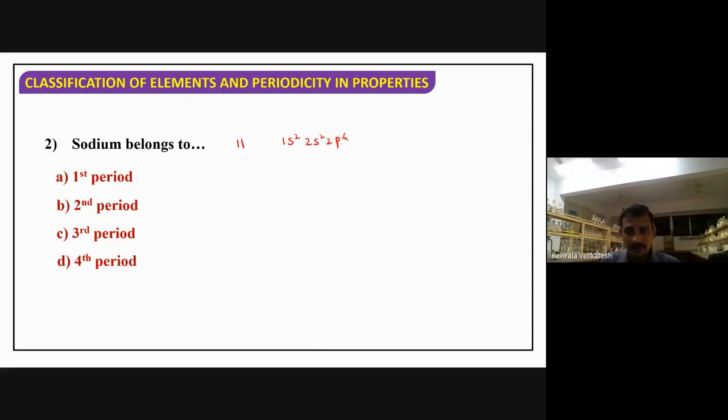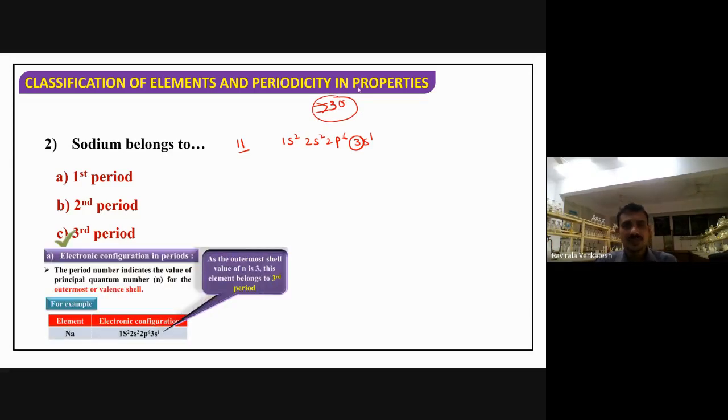Now I have filled 10 only, but it is 11 actually. 2 plus 2 plus 6 is 10. The remaining one we can fill in 3s1. Now 3 here is the period number. So the answer will definitely be third. Not only sodium: if you know up to atomic number 30, you have to remember up to 30 only, then it will be easy. In this way we can easily answer this.